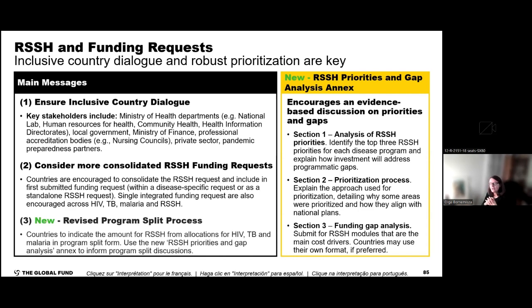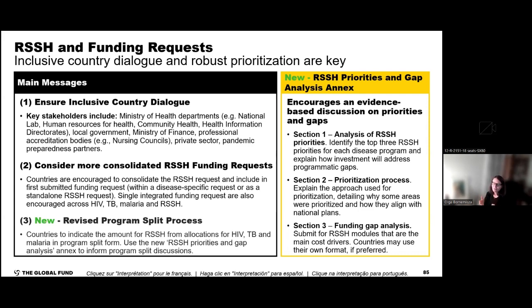The second area is really trying to consider more consolidated RSSH funding requests. The TRP continues to tell us that it's very hard for them to really judge the quality of the RSSH funding request when it's split between all the different funding requests. They really would like it to come together in one, and they'd really like it in the first submitted funding request.